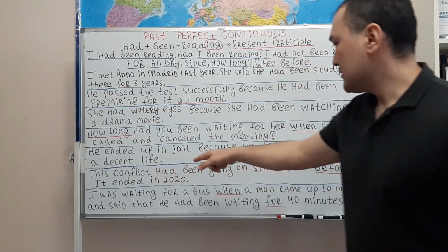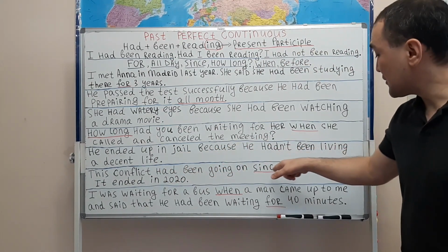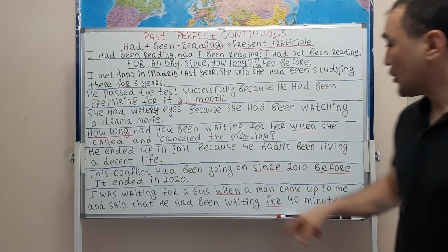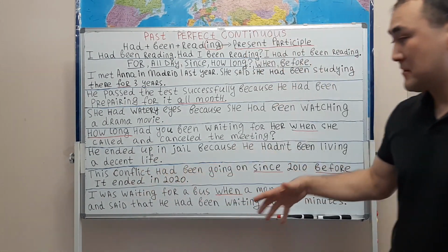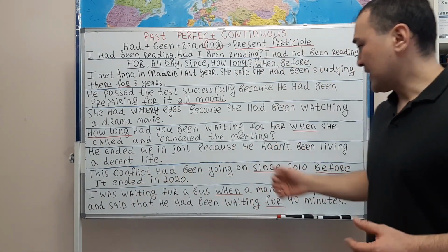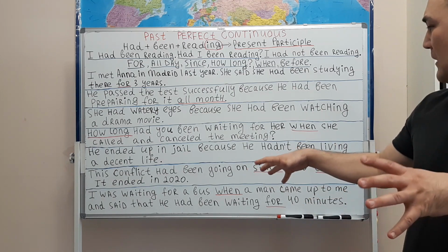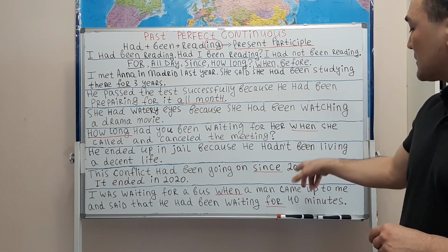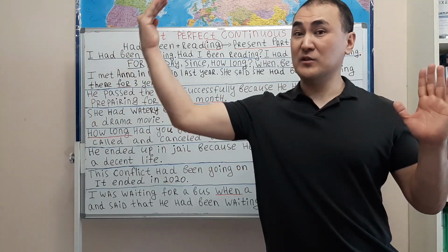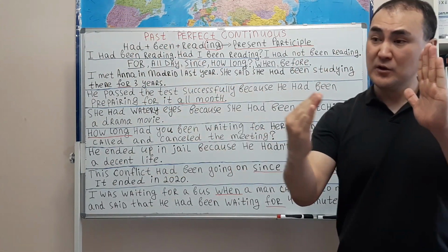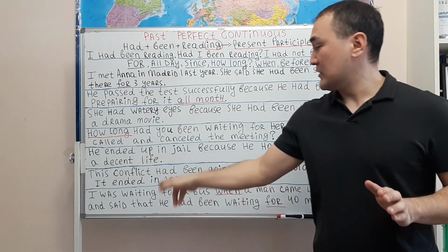This conflict had been going on since 2010, before it ended in 2020, right? That's a very good example of past perfect continuous. Since 2010 means that it started in 2010, had been going on, and ended in 2020.